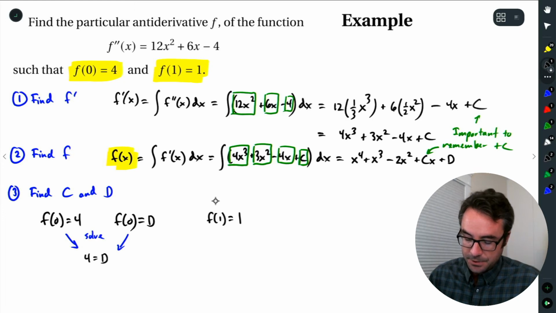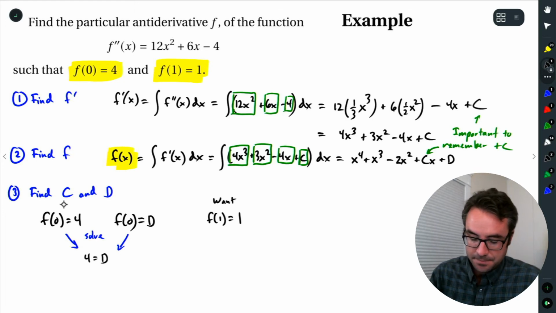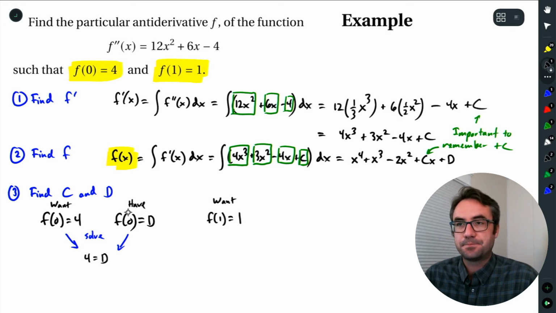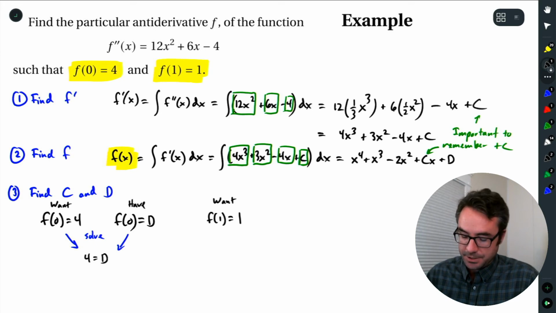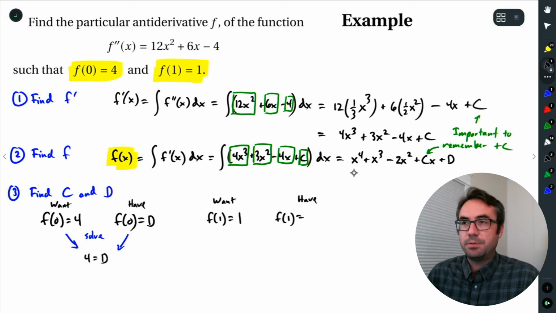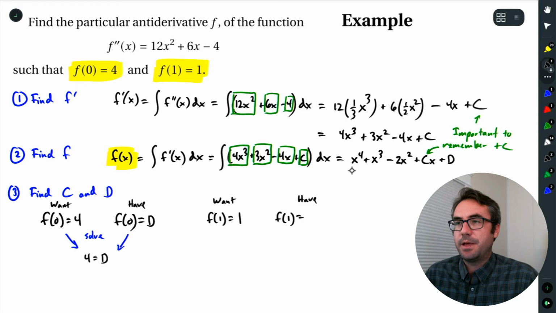So this is what we want, and we're going to compare that to what we actually have. So let's actually plug 1 into our function. When I plug 1 in, I'm going to end up with a 1 here, a 1 here, a -2 here, C, and then we actually know what D is.